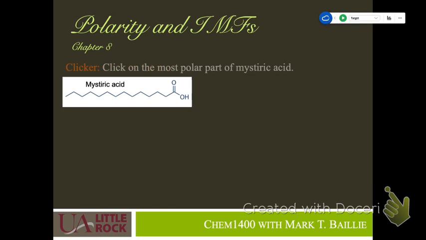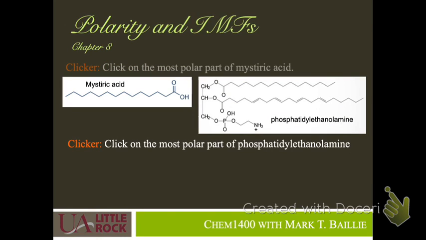Okay. Let's look at a second molecule. The first one was myristic acid. This is phosphatidyl ethanolamine. So go ahead and choose the target first, and compare with your neighbor: what is the most polar part of that molecule?